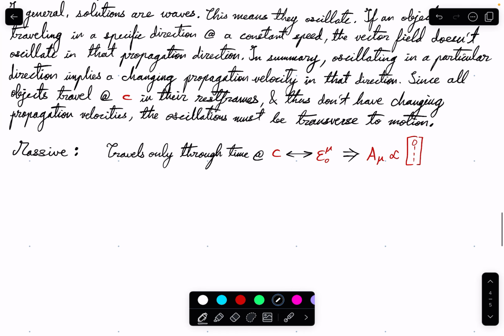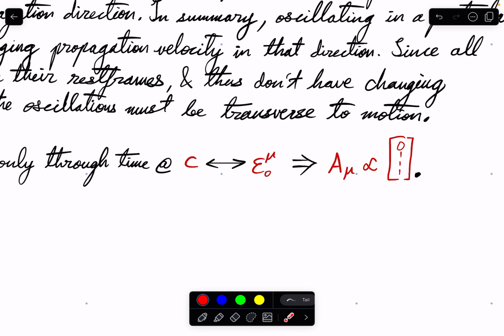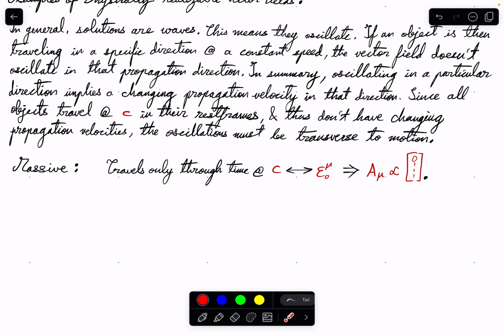So this is the massive case. It travels only through time in its rest frame at light speed, which corresponds to the polarization basis vector in the time-like direction, which implies that the vector field is proportional only to the space-like directions because it can't be oscillating in the time direction. So the polarization is completely transverse to its motion through time.